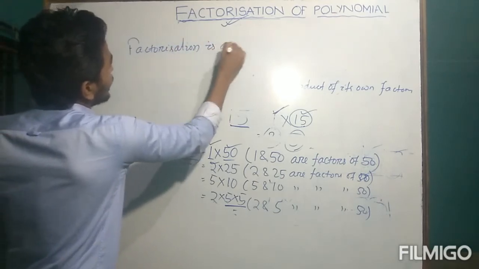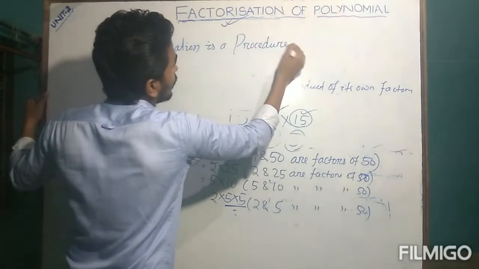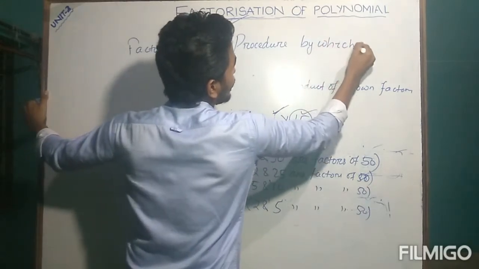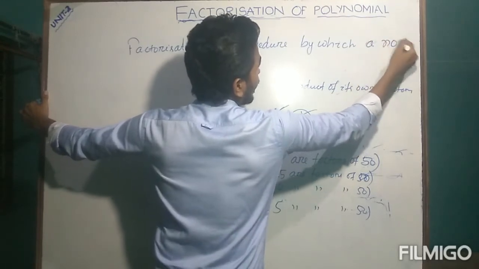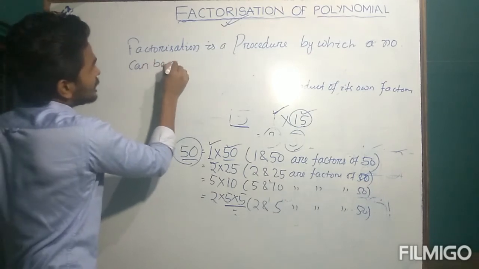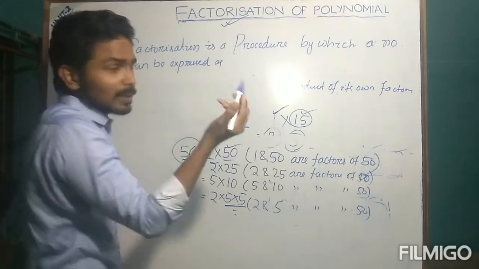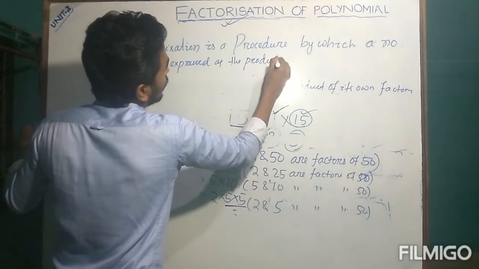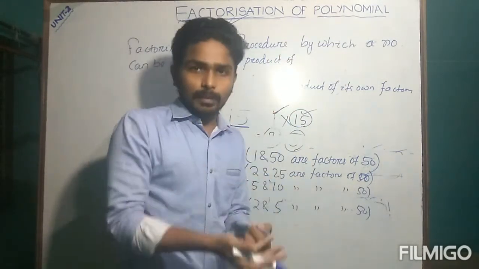Factorization is a process or procedure by which a number can be expressed as the product of other two numbers, other three numbers, or other four numbers.